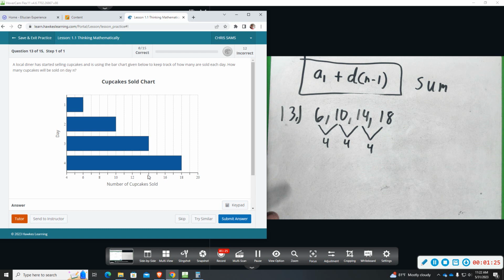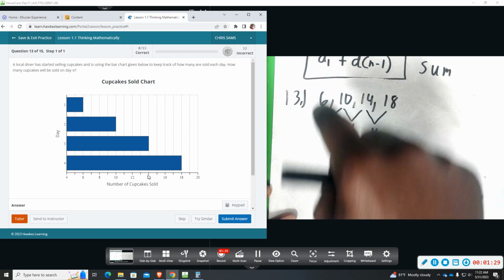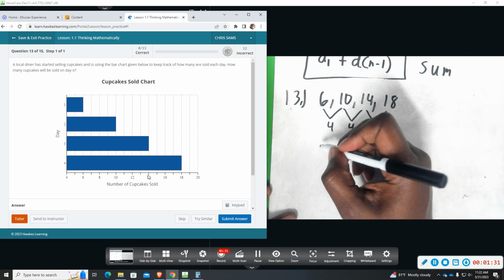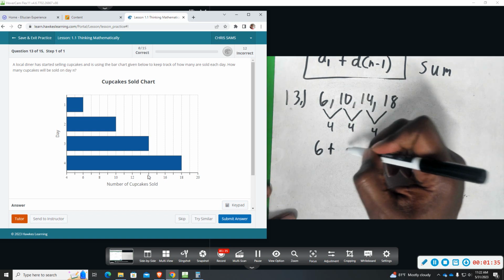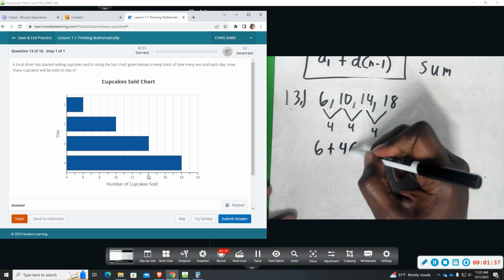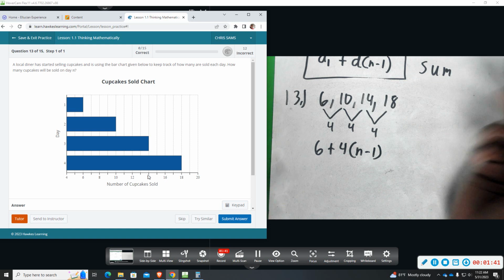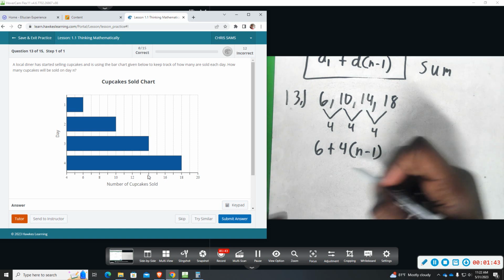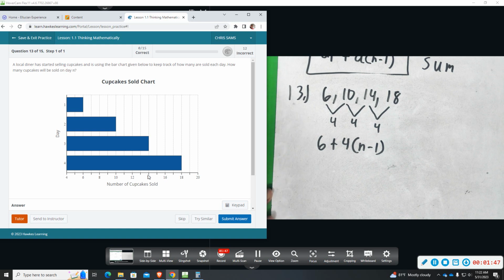All right, so now I'm going to use that pattern. My first day starts with 6 plus 4 times n minus 1. I don't know what n is, so I have to leave it like this. I'm going to simplify this formula as much as I can.